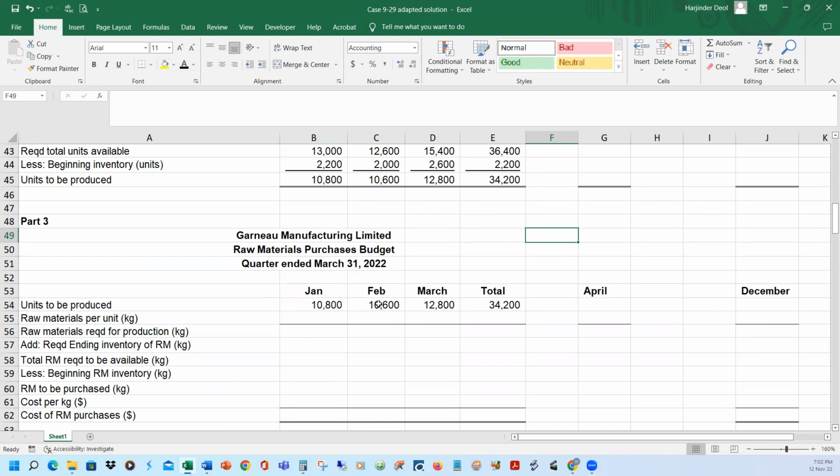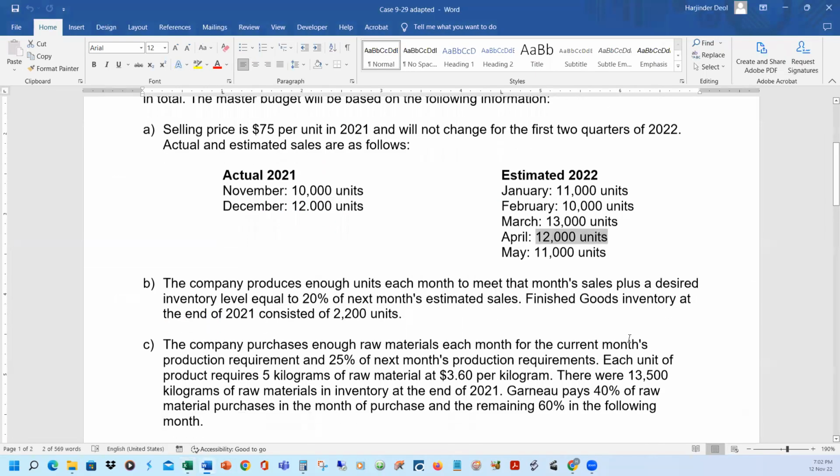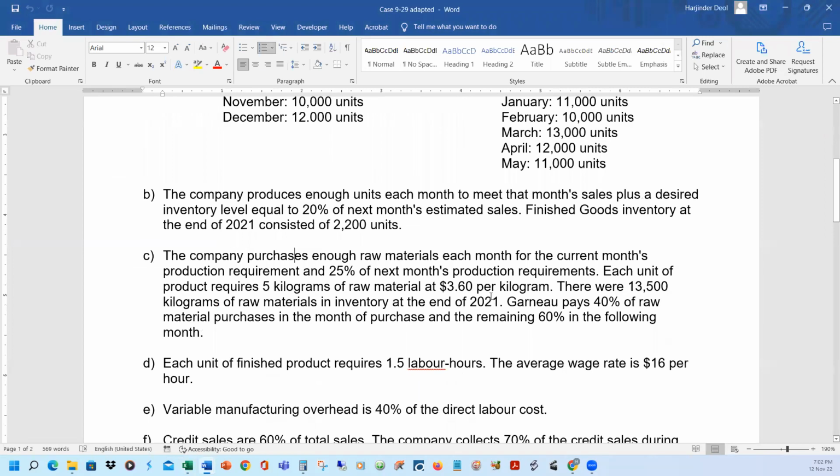Now, since we are looking to calculate raw materials purchases, we need further information, and that is given to us in item C. The company purchases enough raw materials each month for the current month's production requirement and 25% of the next month's production requirement.